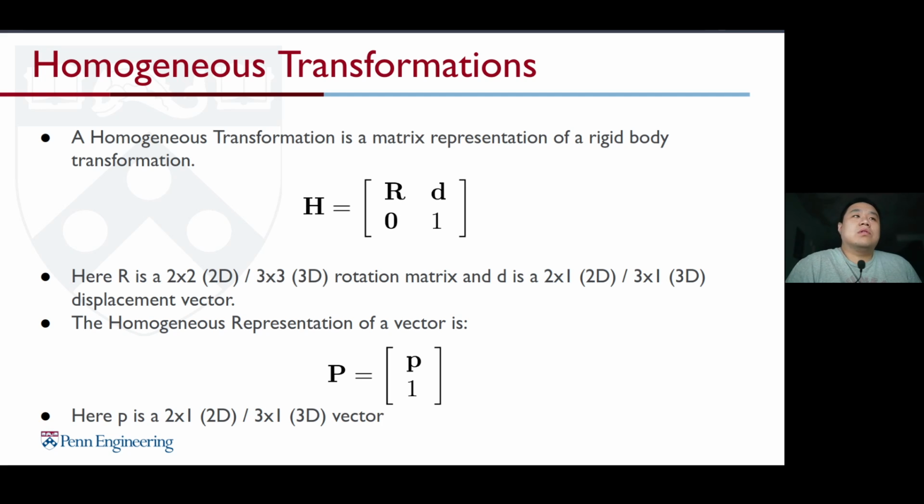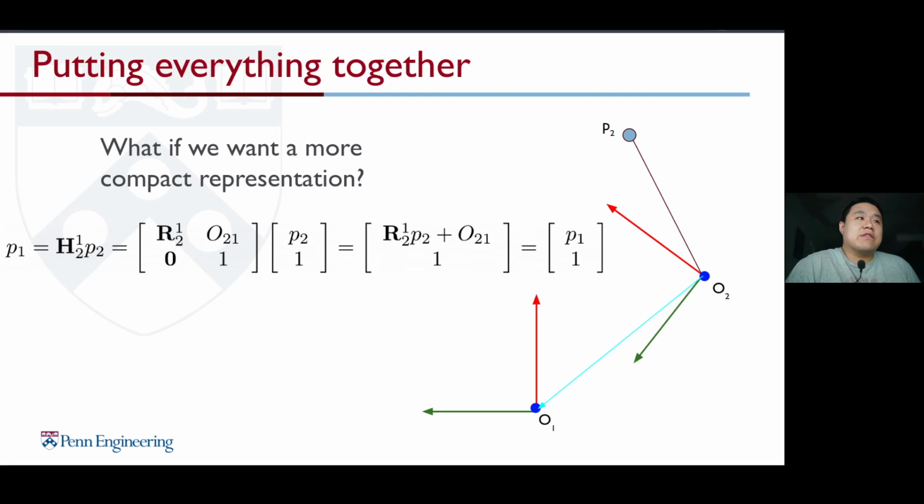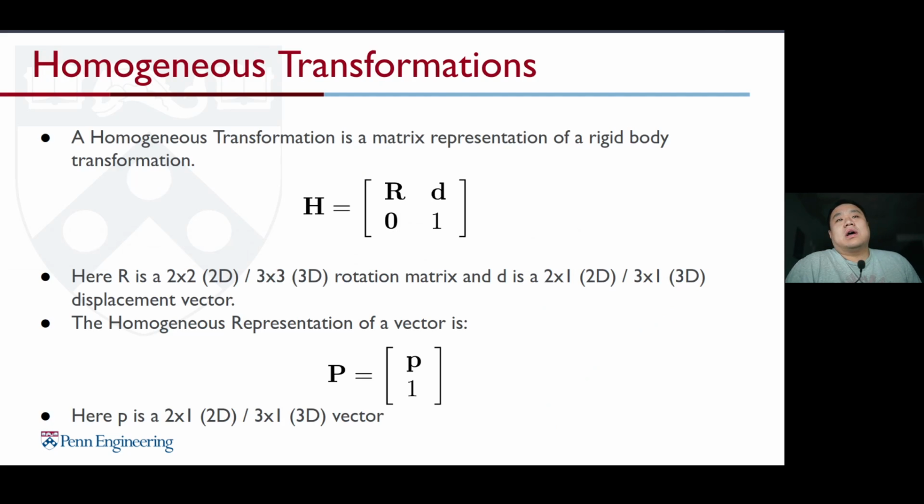And note that before, we saw that we padded our point vector P2 with a 1 at the bottom. This is called the homogeneous representation of a vector.